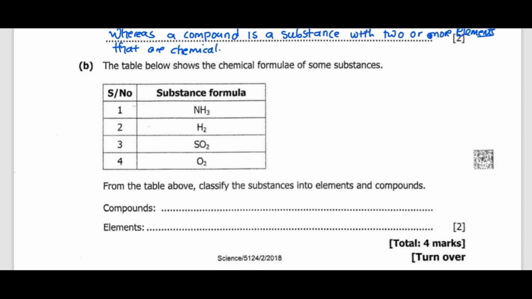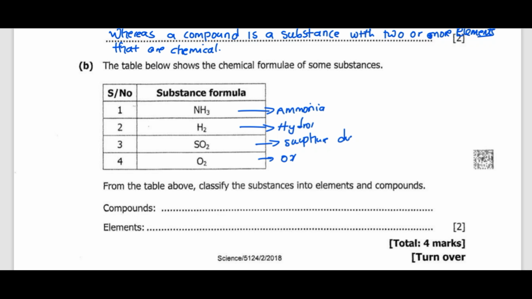Okay, so now let's go to B. The table below shows the chemical formulae of some substances. The first one here we have ammonia. We know that in ammonia we have the atom of nitrogen and the atom of hydrogen. Then here we have hydrogen diatomic. Then for this one, this is sulfur dioxide. Then here we have oxygen.